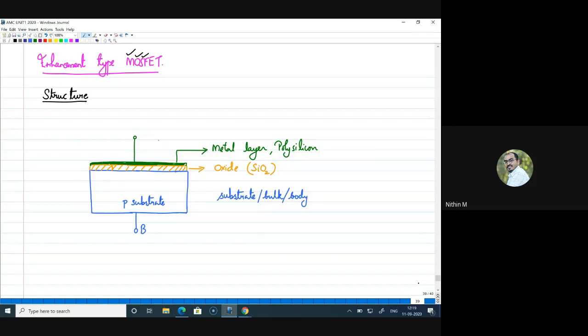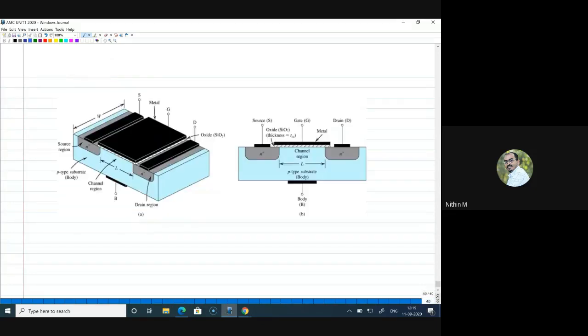So definitely I can say the current flowing into the semiconductor or into the substrate is zero, because your metal layer is in fact separated from the rest of the device, right? So now I am taking you to the complete structure. As you know, we have metal oxide semiconductor, but we have to define two more regions on the substrate. That is what we are seeing here.